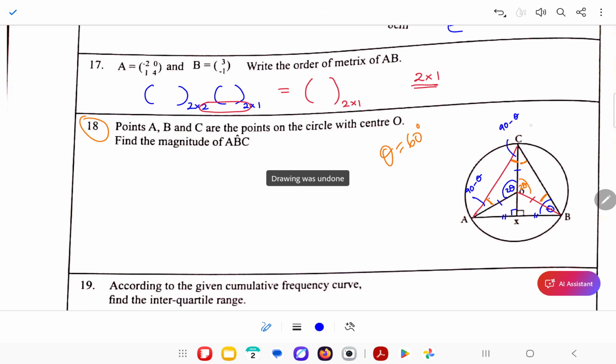This is 90 minus theta. This is 90 minus theta. This is 90 minus theta.